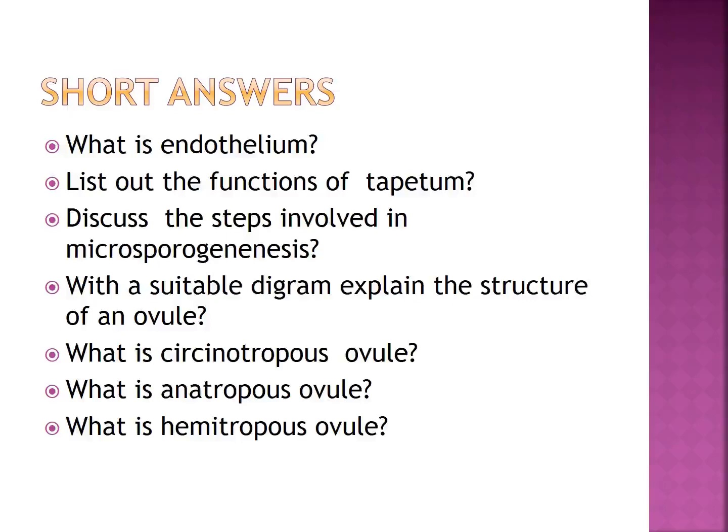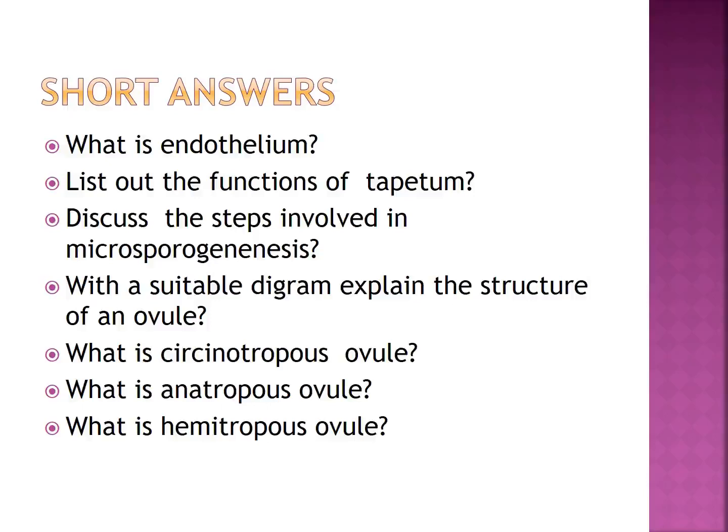Then development of ovule and embryo sac. So, your book, page number 12. The development of ovule and embryo sac. First the nucellus, archesporial cell, megaspore mother cell and functional megaspore, then the 2 nucleate stage and 4 nucleate stage, then the 8 nucleate stage. Then pollination. What is called pollination?